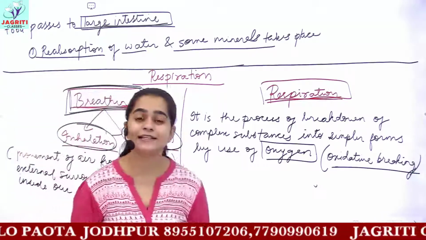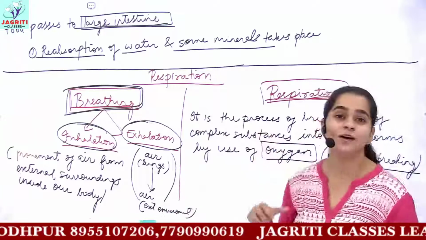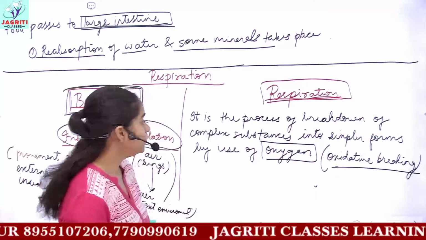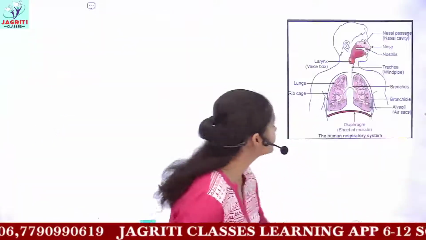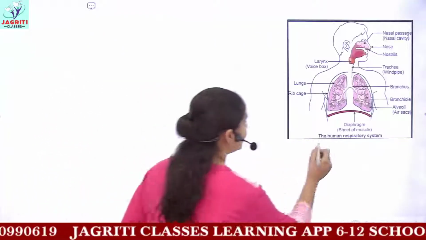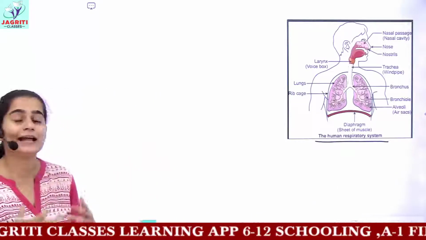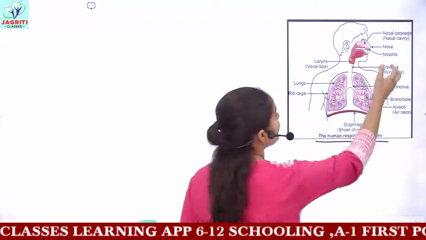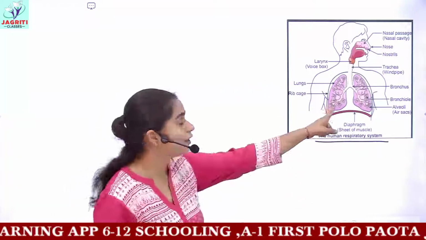Respiration is the oxidative breakdown of your complex material into simpler forms. So now we'll be dealing with this in the next class, and in the next class we'll also see the human respiratory system. In this, we'll be seeing the passage of breathing, that is, the passage of air, how this air moves from the external nostrils till the last part, that is your alveoli.